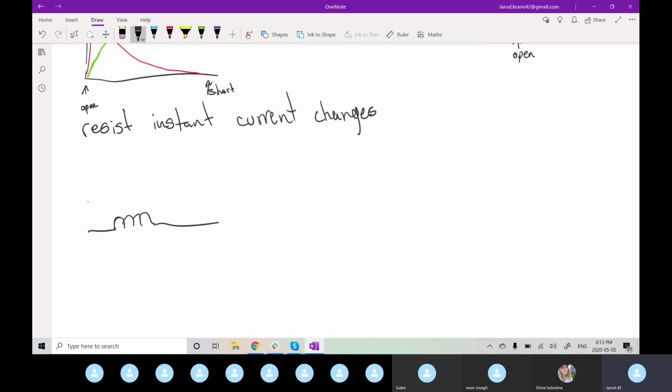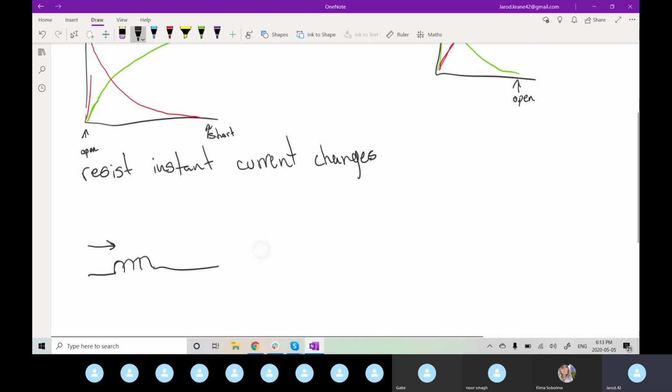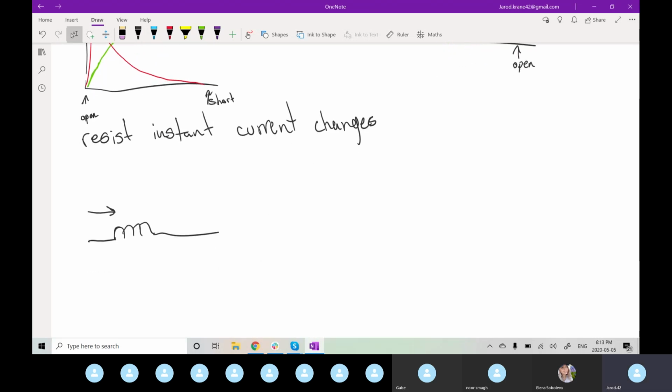So initially, when you switch it on, you'll see a large voltage drop across, basically an infinite voltage drop, so you won't see any current flowing on the opposite side of the inductor.